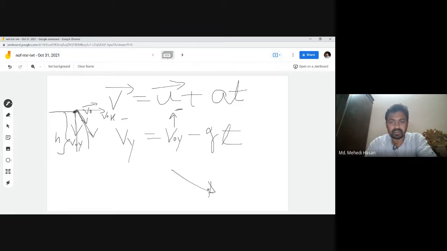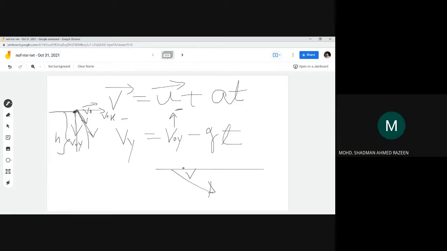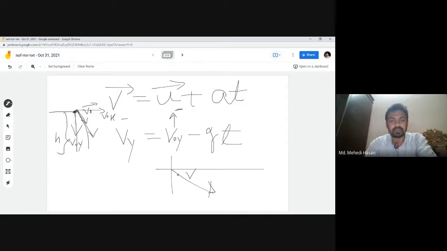If we take upward as the positive y direction, of course you have to draw the coordinates so that the tail of the vector is at the origin. So the y component of the initial velocity is negative, and the y component of the final velocity is also negative, because the object will hit the ground at some time.